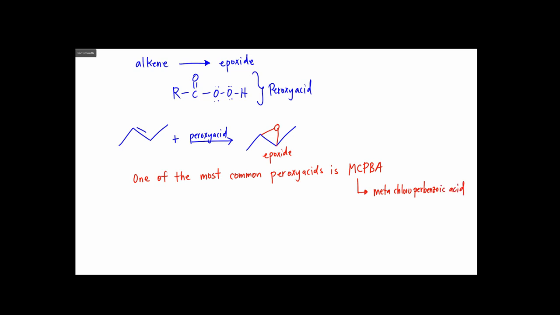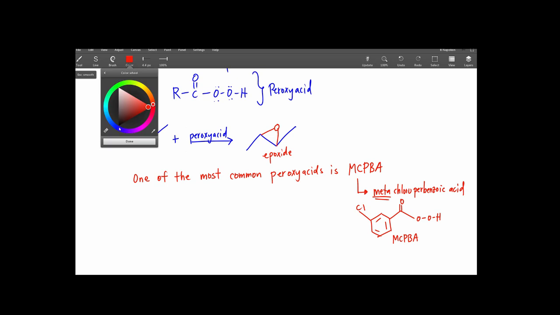Okay. Now, on the exam, you don't know what meta is yet until the second part of this course. But on the exam, you will need to know the structure. This is MCPBA. So when you see MCPBA as a reagent, it's going to act as a peroxy acid.